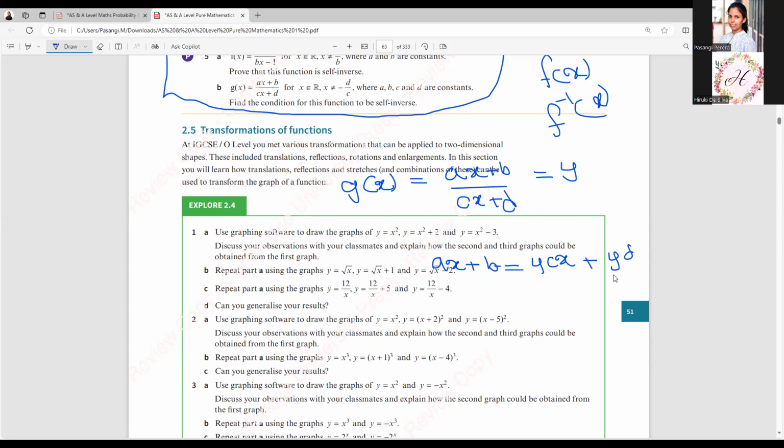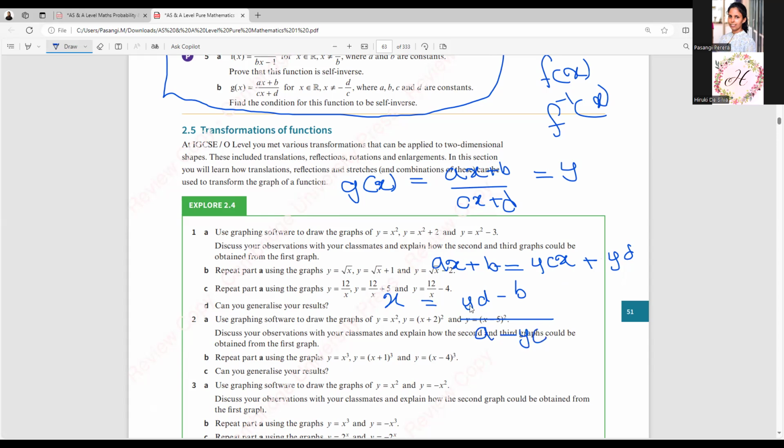Taking this to here, x is equal to (yd minus b) divided by (a minus yc).